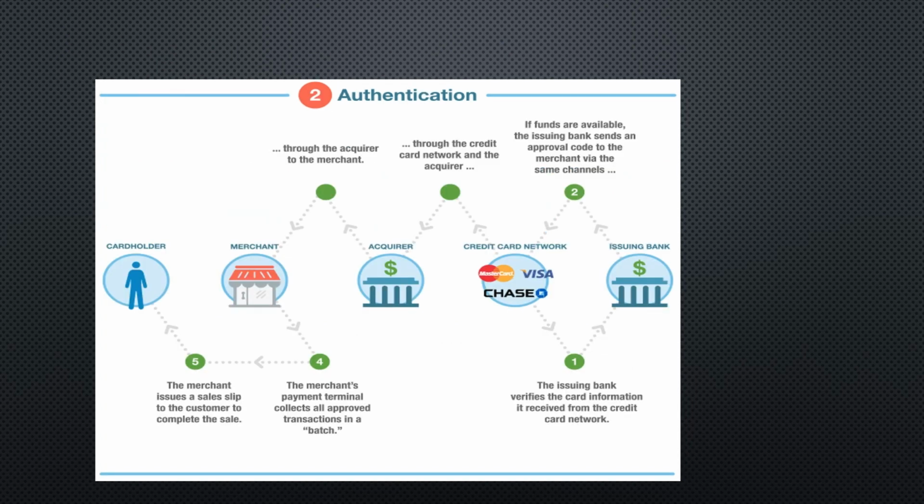The second step is authentication. After the bank gets all the purchase information, they create the approval code and send it back to the acquirer, and the acquirer sends it back to the merchant. The merchant then issues the sales slip to the customer to complete the sale.